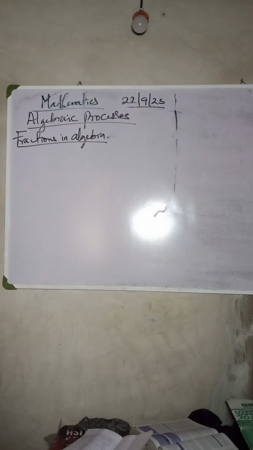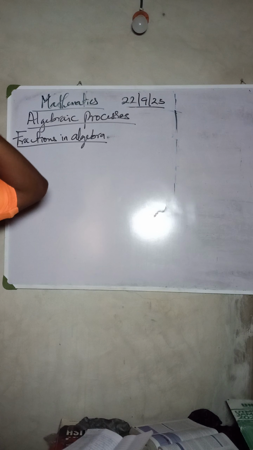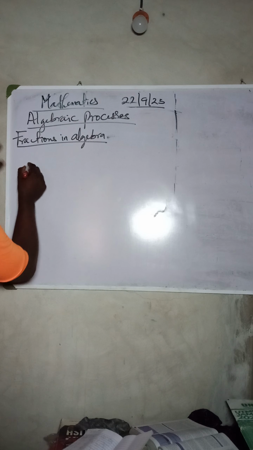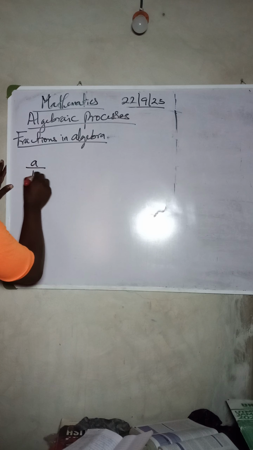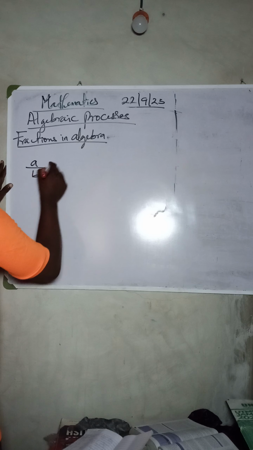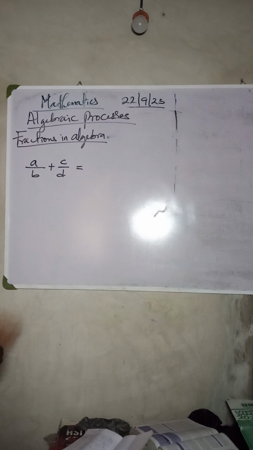Now, recall in our elementary classes, suppose we had something like this: A over B plus C over D. We were told that we should get the LCM of the denominators.